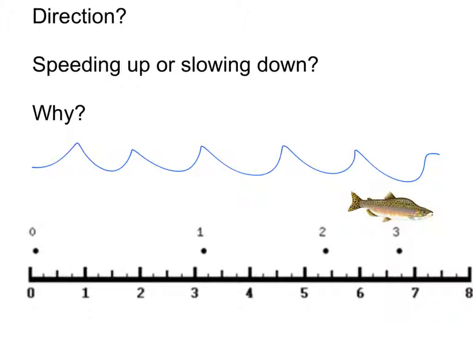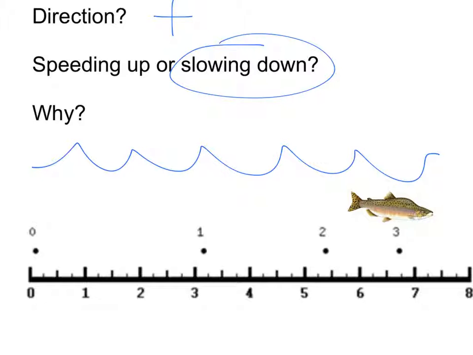Okay, now answering the questions, the direction the salmon is swimming is positive. And it appeared that he was slowing down. You can also tell this because the dots are closer together the further you go. And why? Well, we said the only reason the salmon's speed would change is because of the current.